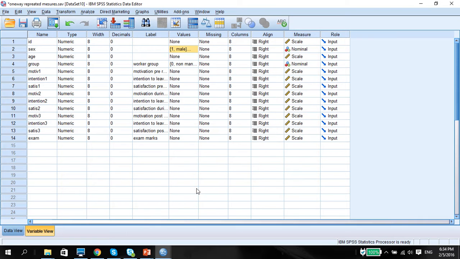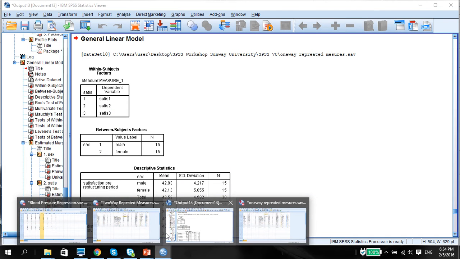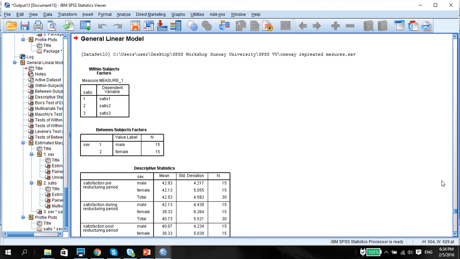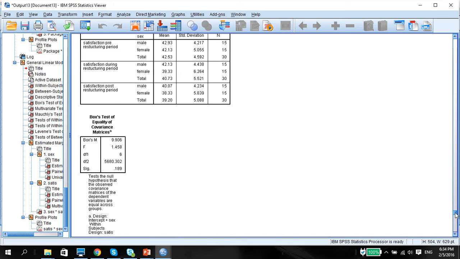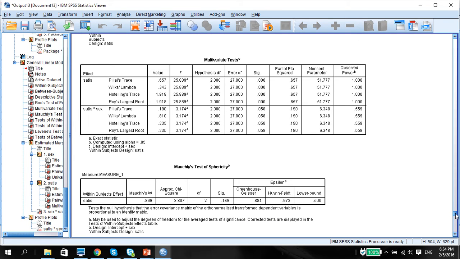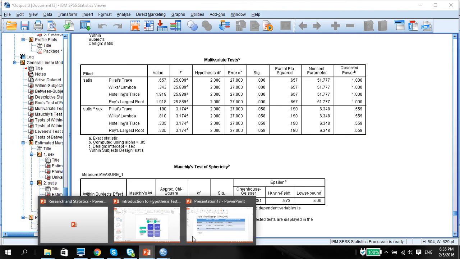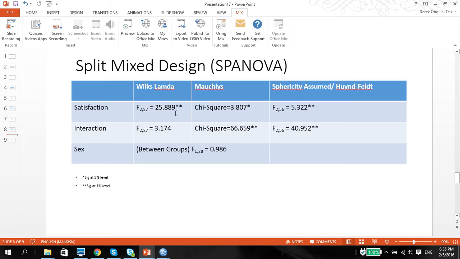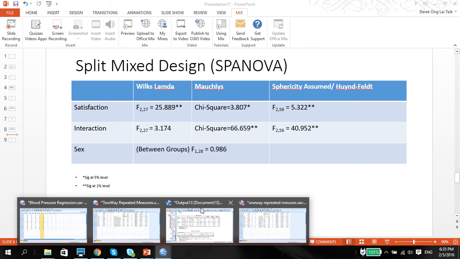Press OK, and looking at the output, we have the means, we have the multivariate test. Now the multivariate test shows that there is significant multivariate effect for satisfaction, as well as satisfaction versus sex, and of course interaction.